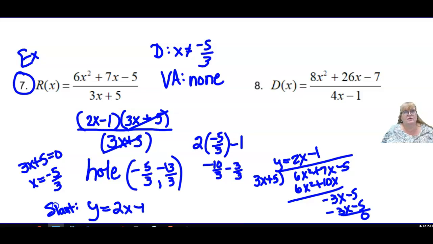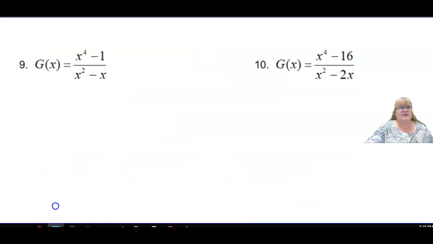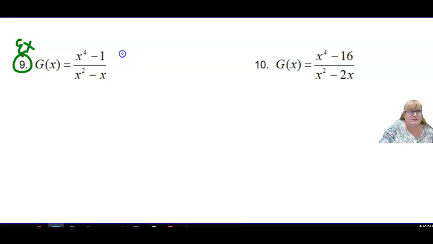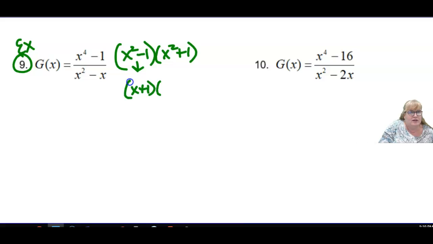All right, I feel like I made us do one of these too. Okay. If you factor the top, it factors x squared minus 1 times x squared plus 1. It is the difference of squares. But this one factors further, x plus 1, x minus 1. This one does not factor further, x squared plus 1.